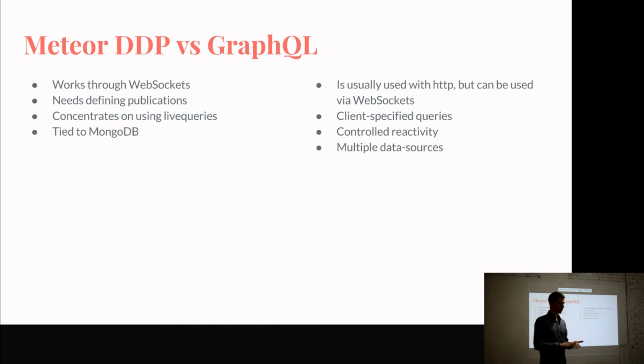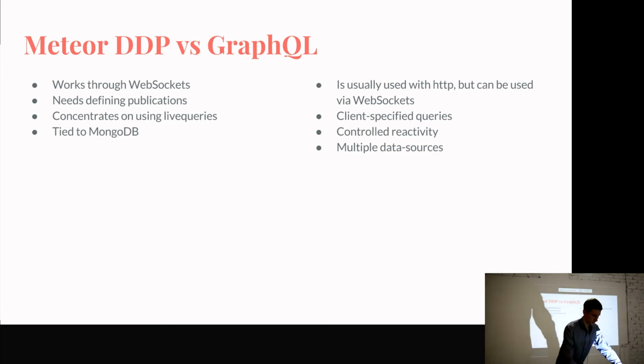GraphQL allows you to use client-specified queries without the need to specify publications. The other thing about DDP is that currently it is very tied to MongoDB. You can't easily use other databases with Meteor unless you invent some mechanism to handle the data on the client. But GraphQL is database agnostic. You can use it with any database, and it's pretty easy to add new adapters for it.